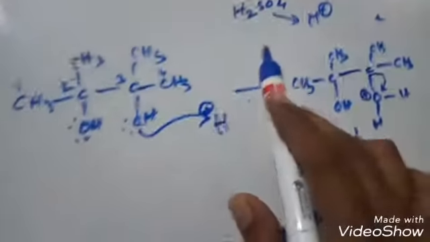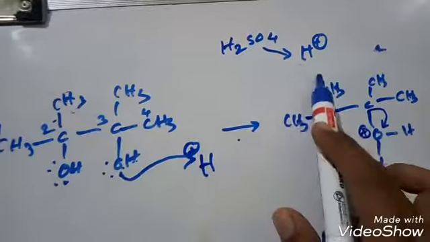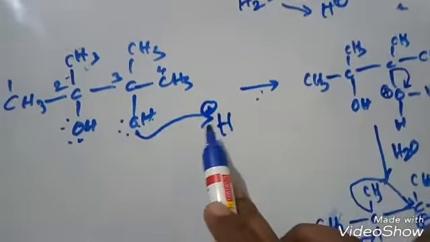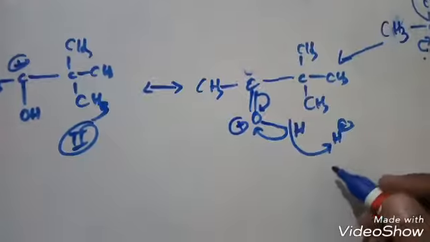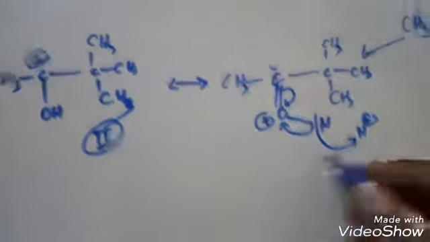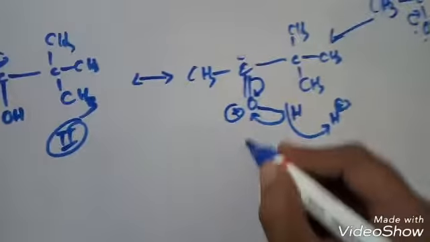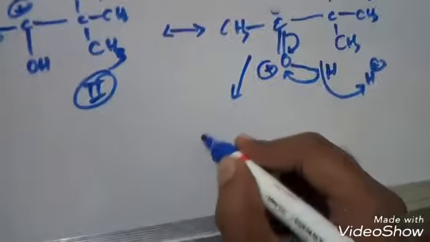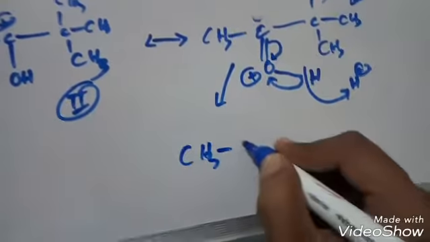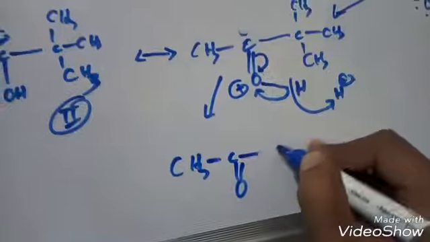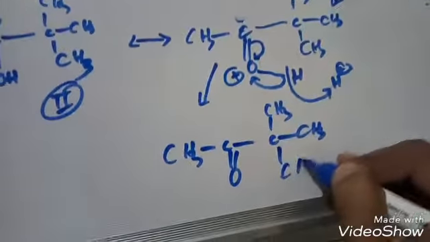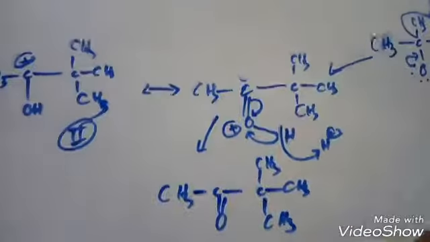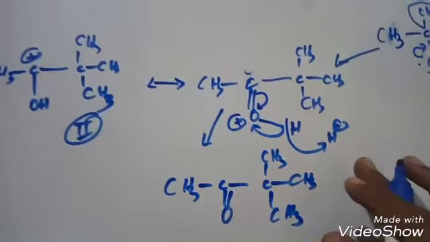Here the catalyst we used was H2SO4, H plus took part here, and H plus is coming out, so it is acting as a catalyst. When this happens, the product forming is a ketone, known as Pinacolone. So this is Pinacolone forming.